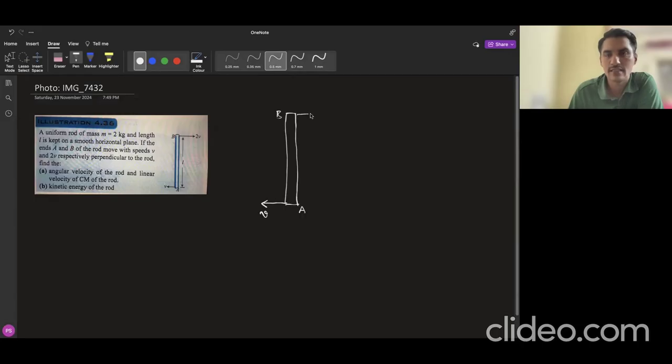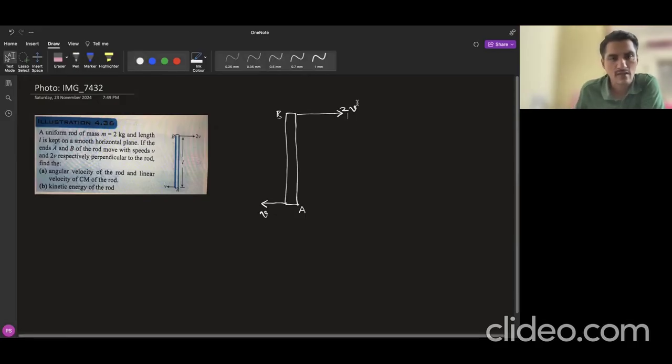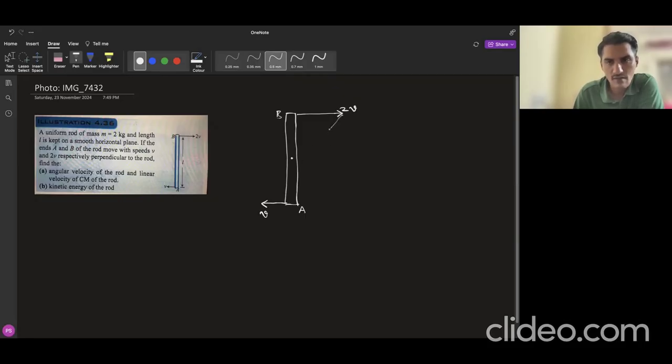Yesterday we already discussed this, and I already told you how to draw the instantaneous axis of rotation.